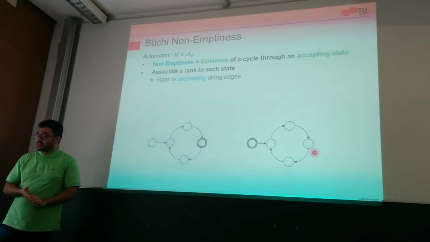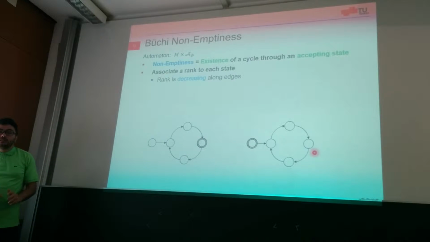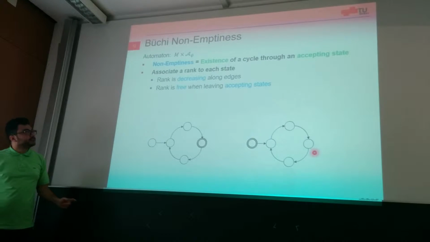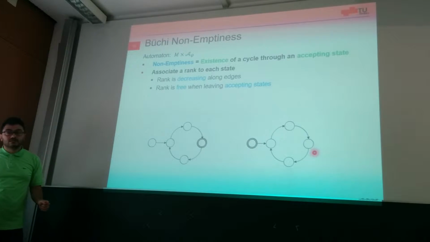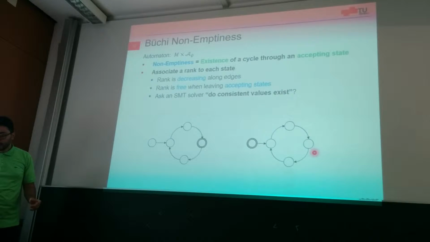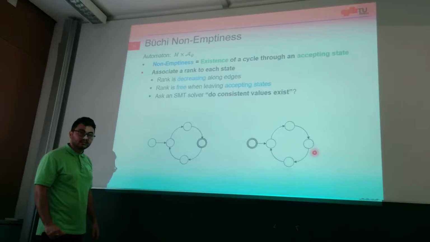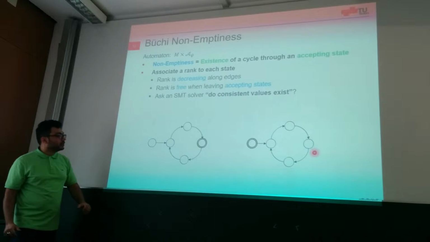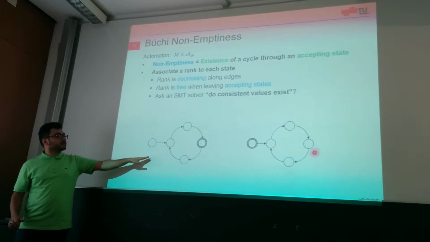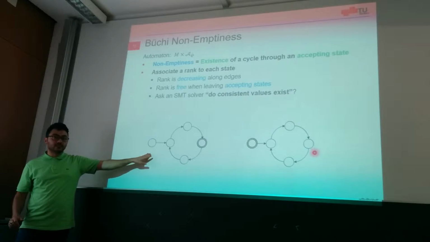Rank is decreasing along the edges, or rank is increasing along the edges. Okay? Rank is free when leaving an accepting state. Okay? Do consistent values exist? Okay. Give me rank for each state of this automaton.